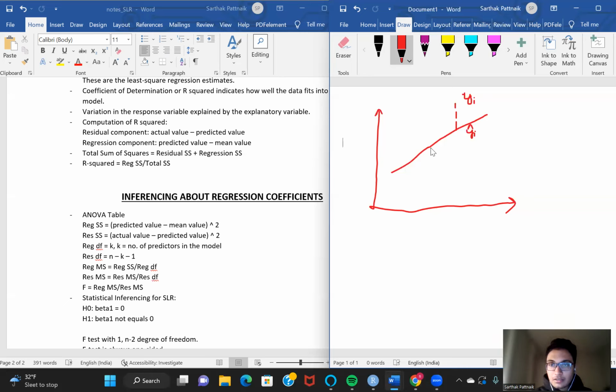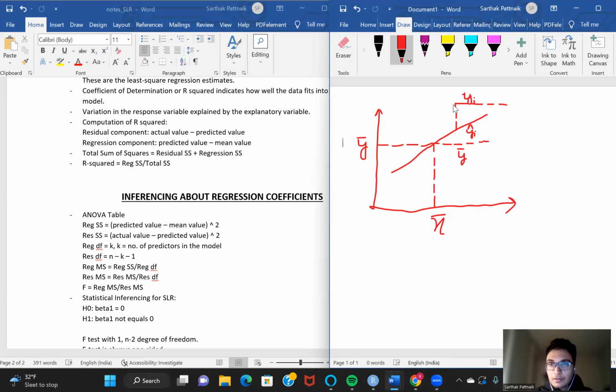And let us suppose that this is a point right here. This is the mean of x, and this is the mean of y. Let me extend this line. So this is my yi cap. This is going to be my y bar.